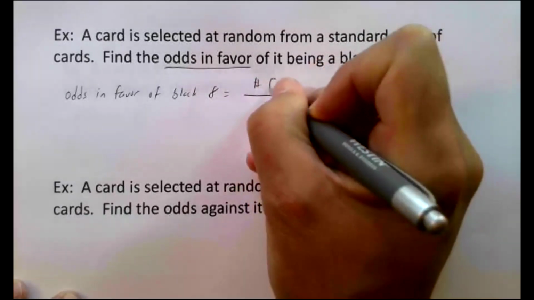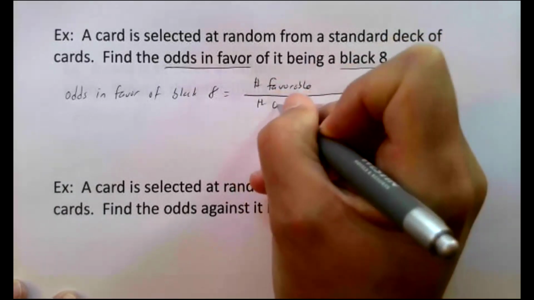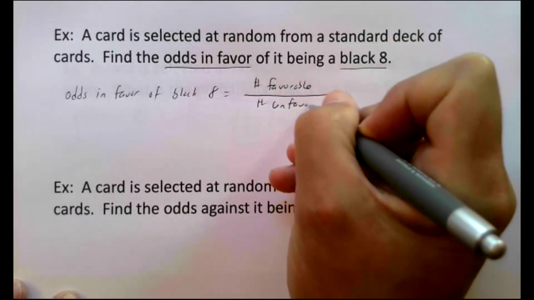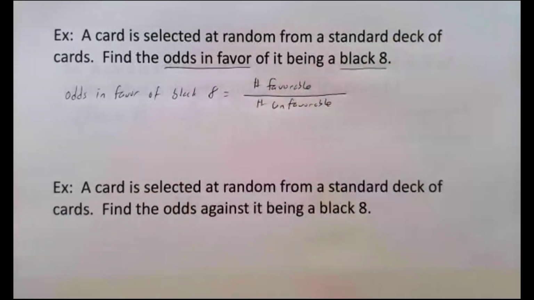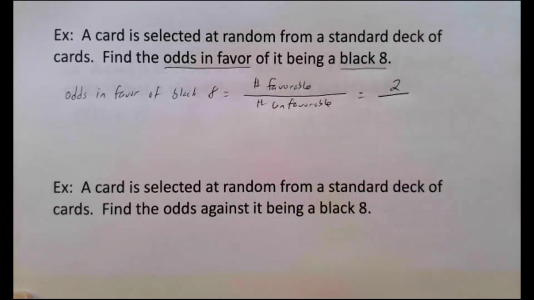So this is the number that are favorable. This is the number that are unfavorable. Again, favorable means it is a black 8. There are 2 cards in the deck that are black 8s.